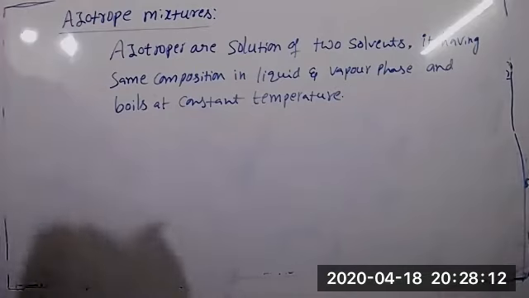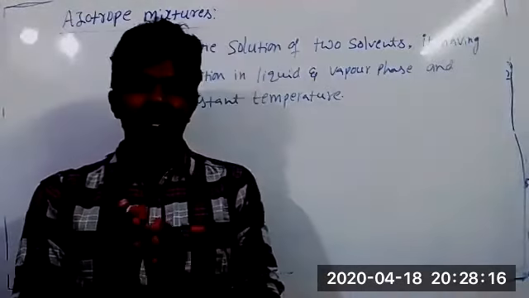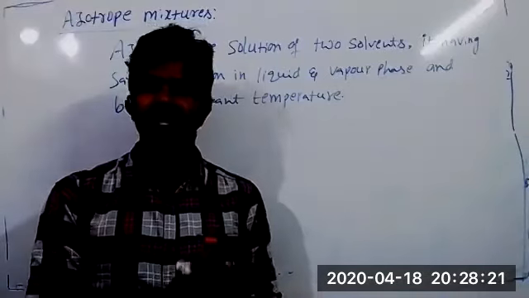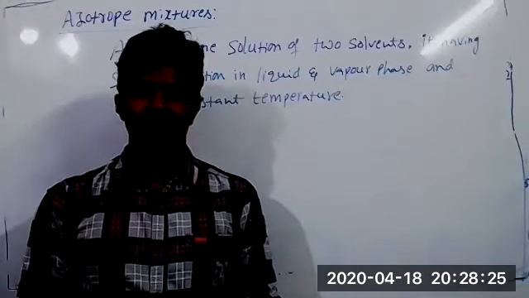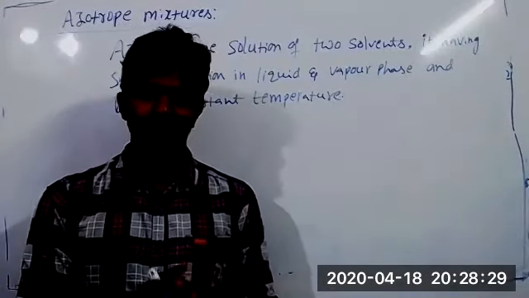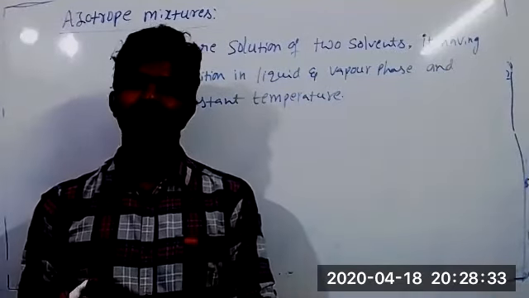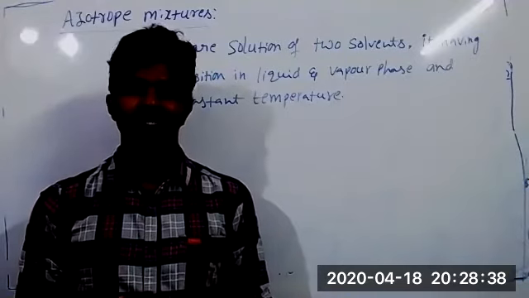Yes, sir. Okay. Now listen. Generally, how do we separate water and ethyl alcohol? Suppose we have a mixture of water and ethyl alcohol. How to separate? Boiling point. Yes, both boiling points are different. Water boiling point is 100 degrees centigrade, and ethyl alcohol boiling point is nearly 80 degrees centigrade. We separate both solvents by fractional distillation.